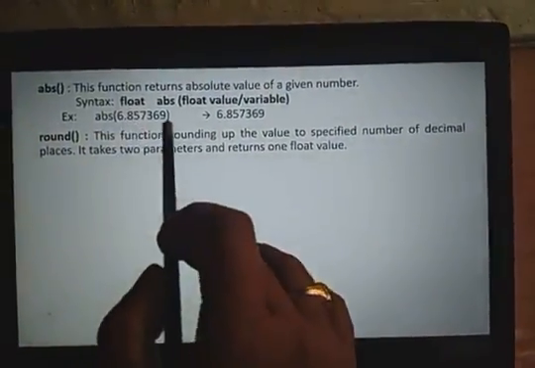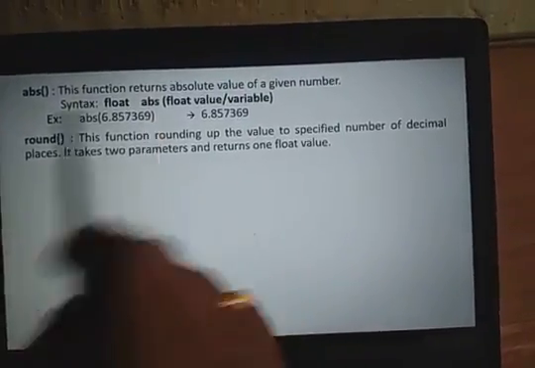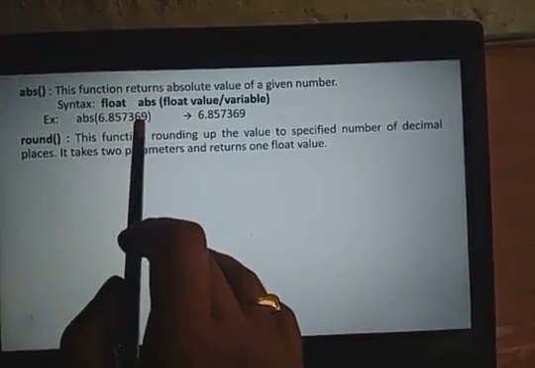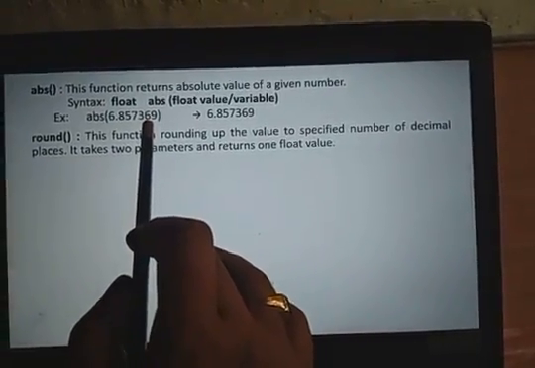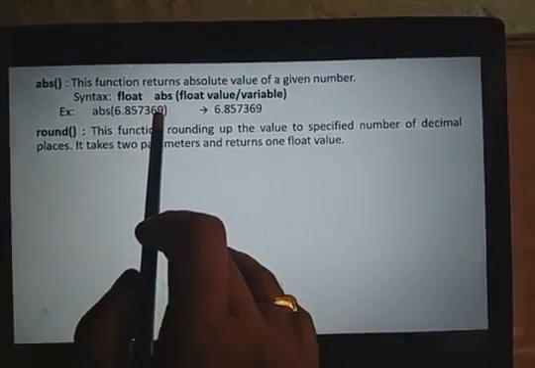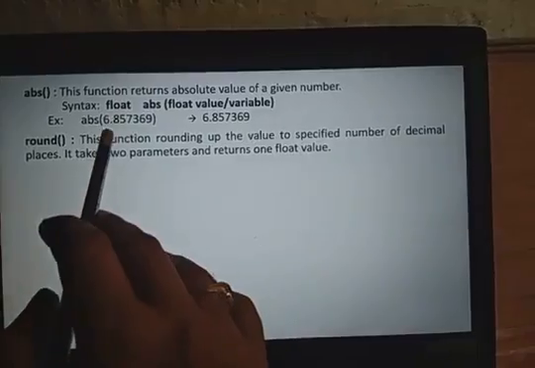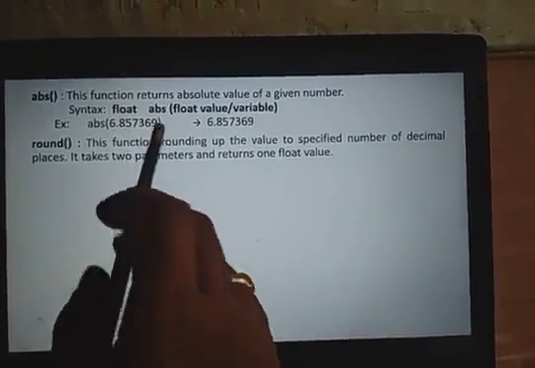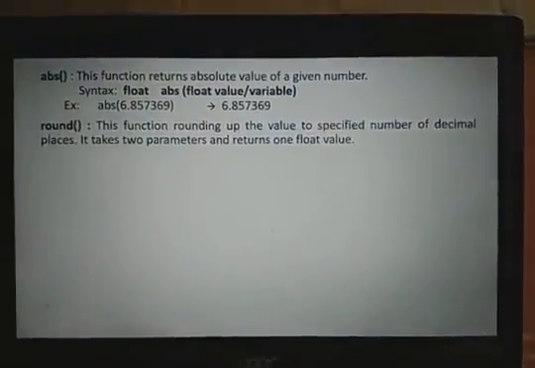Here, how many decimals are there? 6. I want to convert it to 5 decimals, like 6.8574. Like that, we have the roundup value.